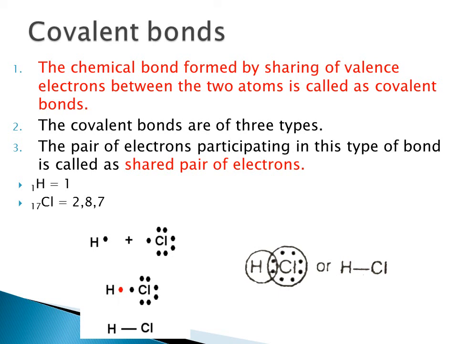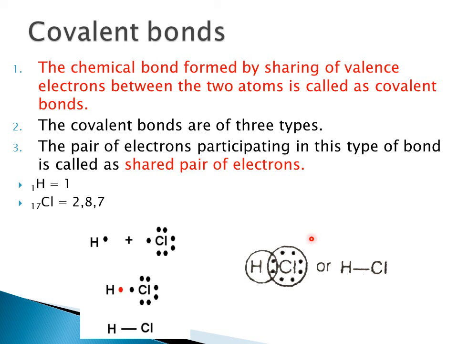As shown in this diagram, when hydrogen and chlorine atoms come close to each other, valence shells literally overlap and sharing of required electrons take place. As you can see in the diagram, hydrogen has shared 1 electron with chlorine. Chlorine also has shared 1 electron with hydrogen.